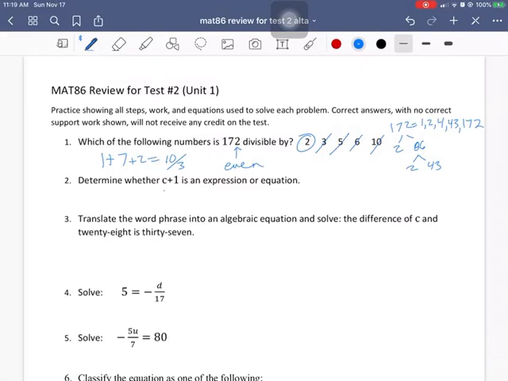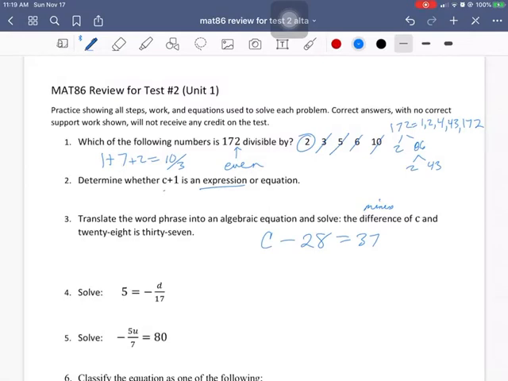Okay. C plus 1 is an expression, because there's no equal sign. Let's see, word phrase. The difference of is kind of like the same thing as a minus. There's a C and a 28, and is a 37. The difference of C and 28.